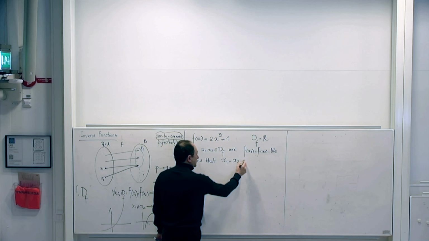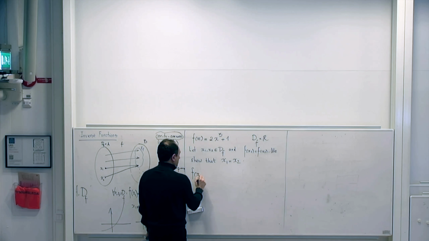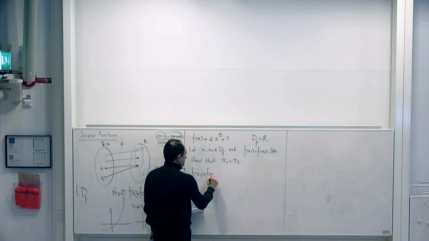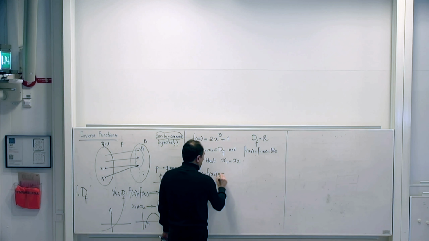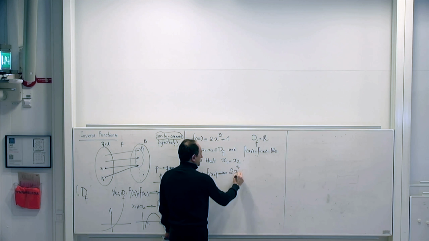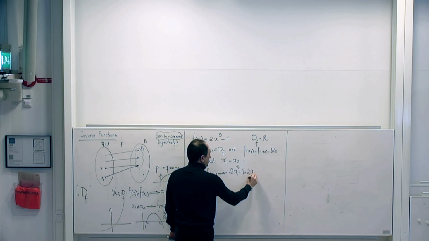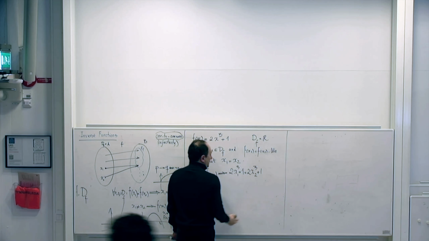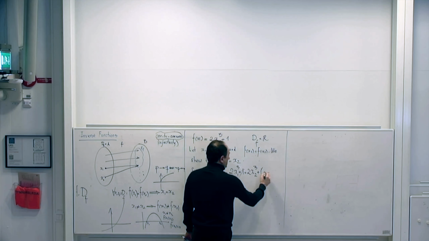Okay? But that is simple, because when you tell me that f of x1 is equal to f of x2, then it means that 2x1 cubed plus 1 is equal to 2x2 cubed plus 1, and then you see that this one and that one are cancelled. That is the whole point.